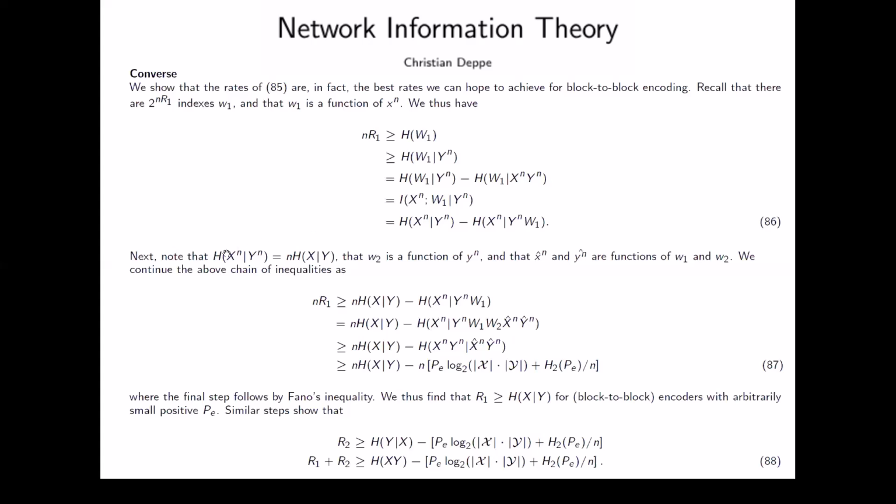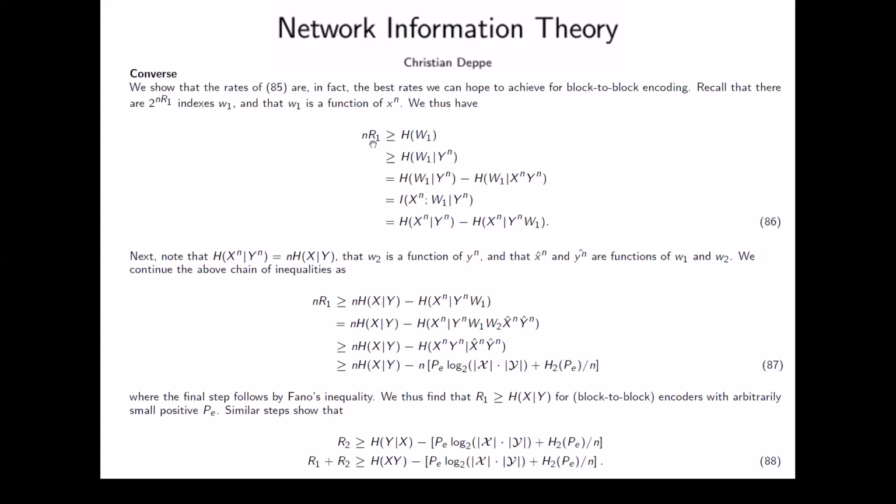Of course, we know that all X are identically distributed, and all Y are also identically distributed. So the entropy of X^n under the condition Y^n is equal to n times the entropy of X given Y. That's the first thing which we want to apply now. So we replace this term here by this term here.